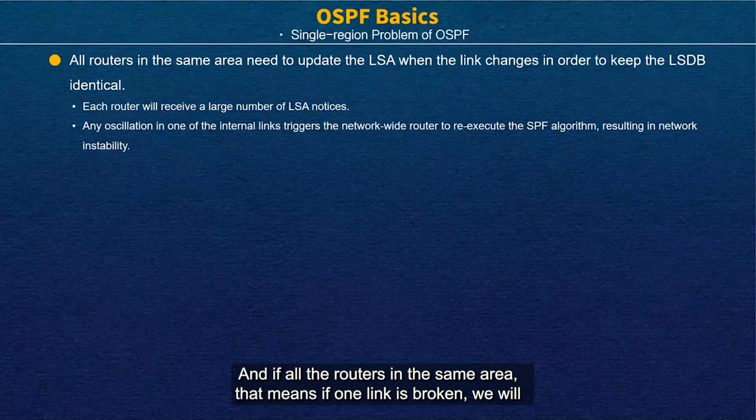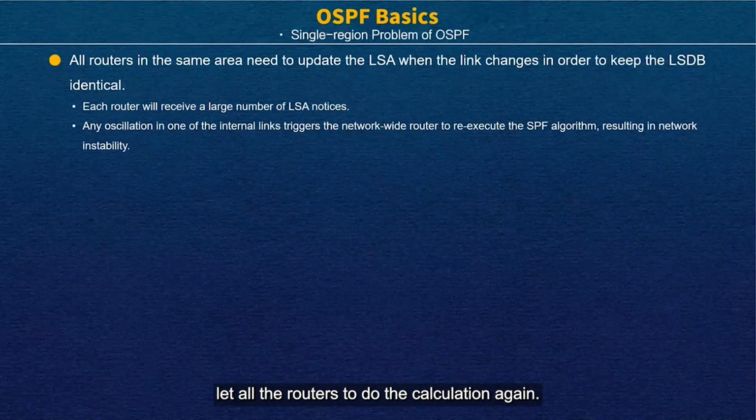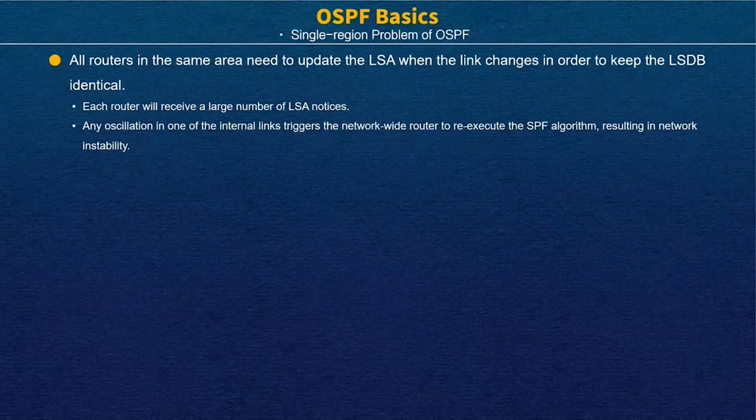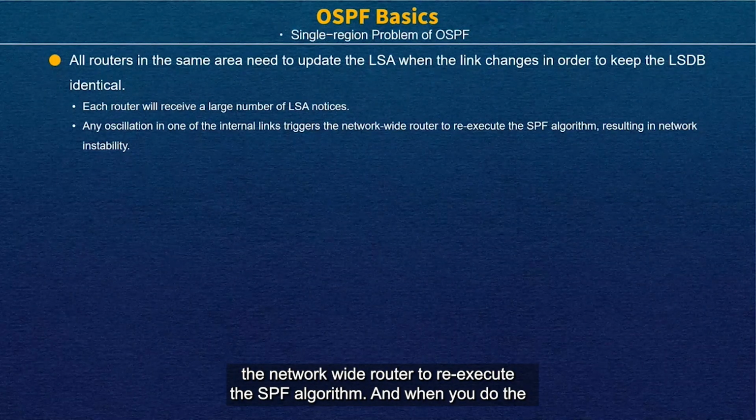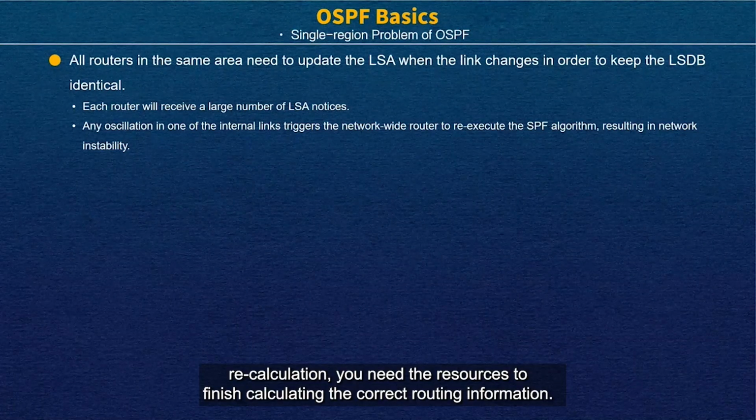And if all the routers are in the same area, that means if one link is broken, we will let all the routers do the calculation again. Any oscillations in one of the internal links will trigger the network-wide routers to recalculate the SPF algorithm. And when you do the recalculation, you need resources to finish calculating the correct routing information.